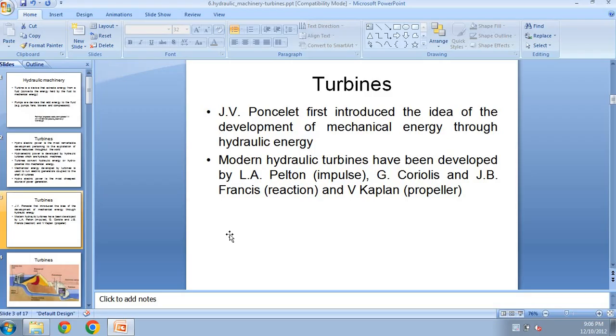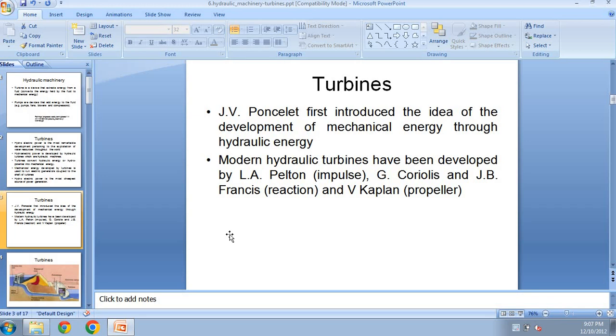These turbines were first introduced by Poncelet, as a water wheel. Energy from the water is utilized for rotating the water wheel. Later it was redeveloped or modified by other inventors, and the turbines were named after those inventors: the Pelton turbine, Francis turbine, or Kaplan turbine.